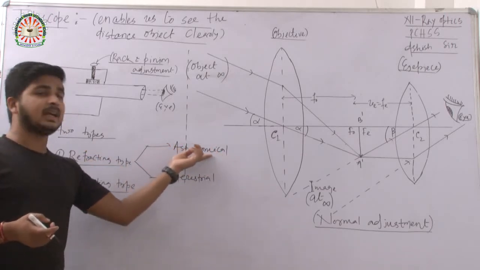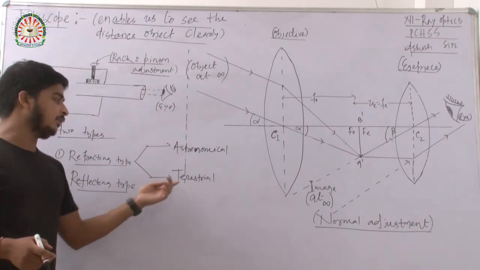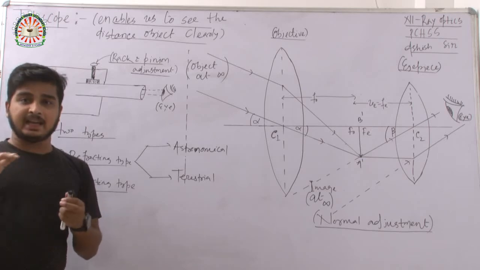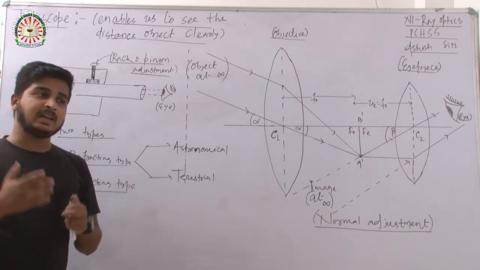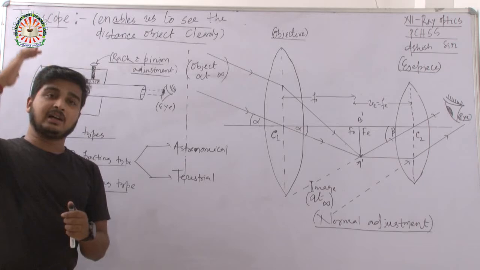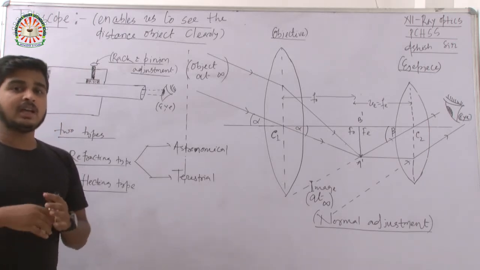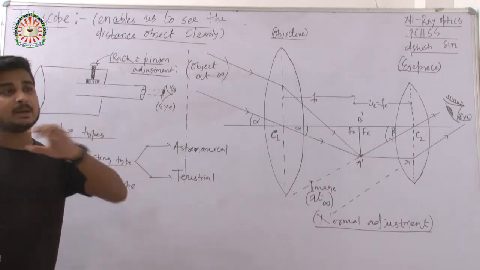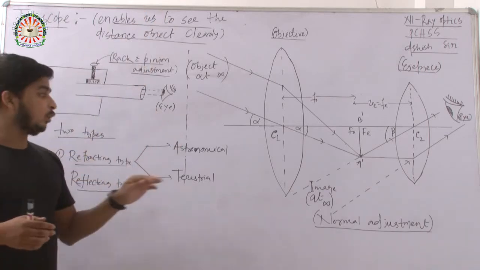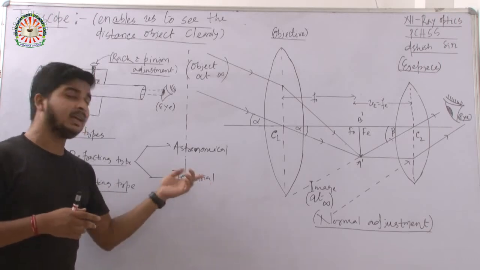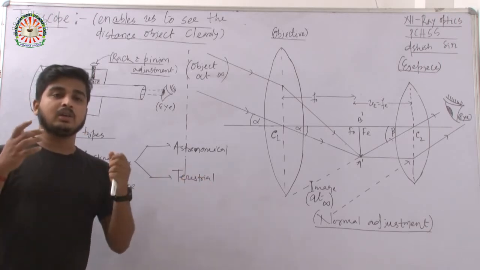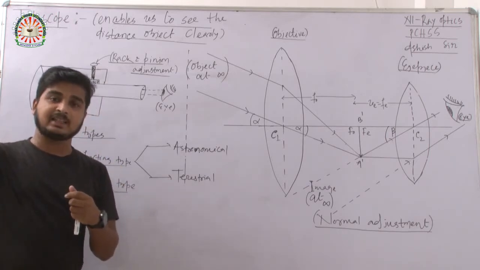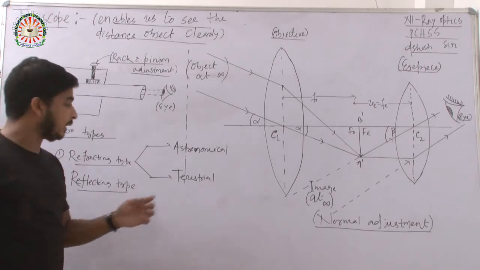Terrestrial means objects on the land. Suppose I am standing here and I want to see the Similipal hill. Here you use a terrestrial telescope, for something on the land but far away from us. Or we use binoculars, which are a kind of terrestrial telescope. Binoculars are used to see distant objects present on the land.